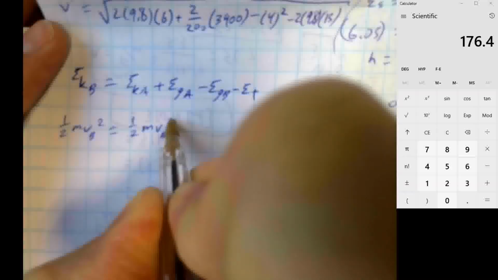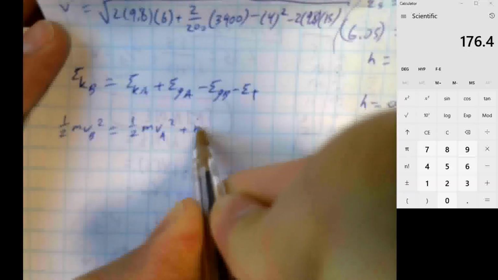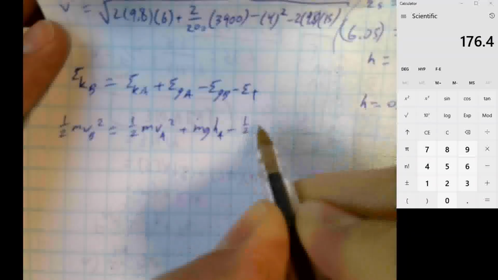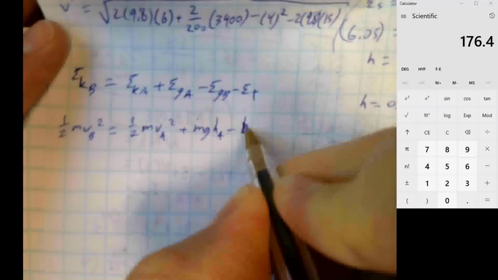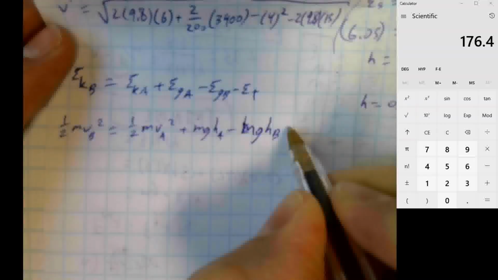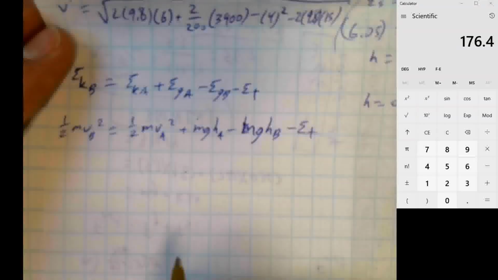This is 1/2 m v_B squared. This is 1/2 m v_A squared. This is m g h_A. This is m g h_B. And this is our E_T for the thermal energy.